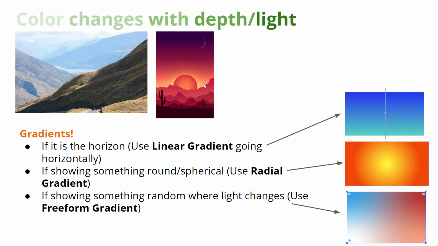There's a gradual change here going up to the moon, right? And that's going to be sort of the linear gradient. You might want to have color be different in slightly different areas. That's using the freeform gradient. So using some of those skills from your gradient lesson can add to the sense of depth.